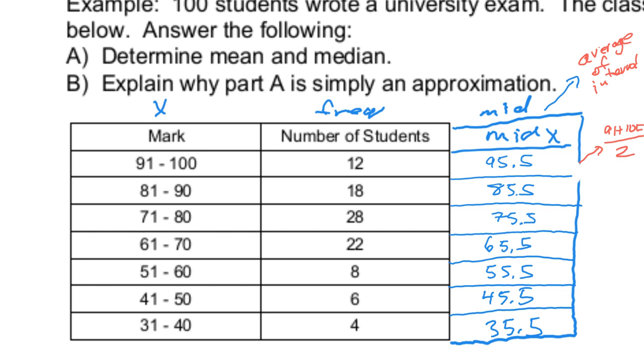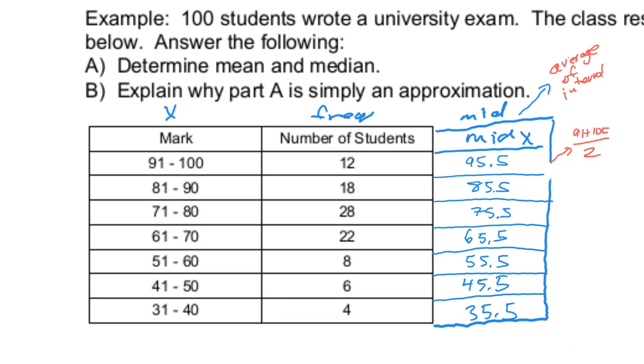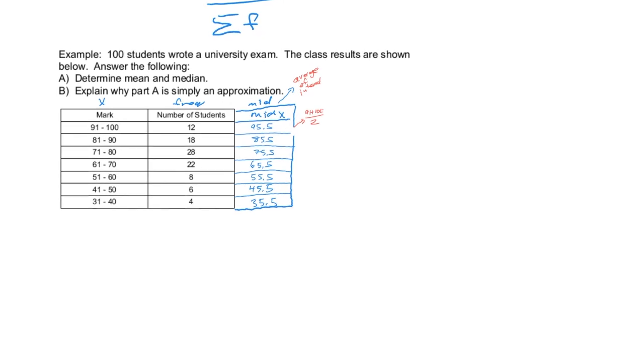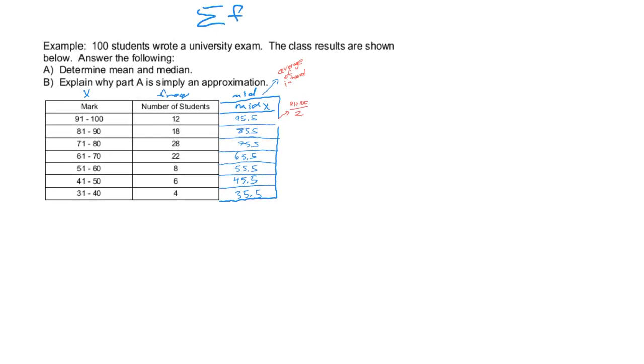Now, all we have to do is follow the same pattern that we did when we were calculating our weightings from before. So let's do that right now. We're going to do exactly what we did last time, except this time we're using the midpoints as our x values, and this part here represents the weightings.